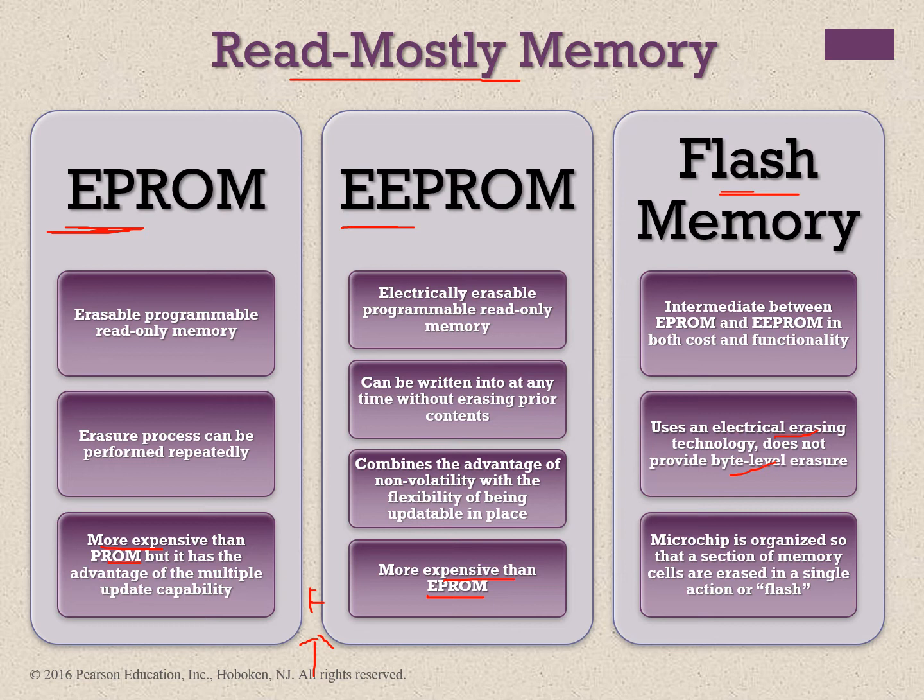The microchip is organized so that a section of memory cells is erased in a single action called flash. That's why it's called flash memory. So flash memory supports block level erasure, and EEPROM supports byte level erasure.